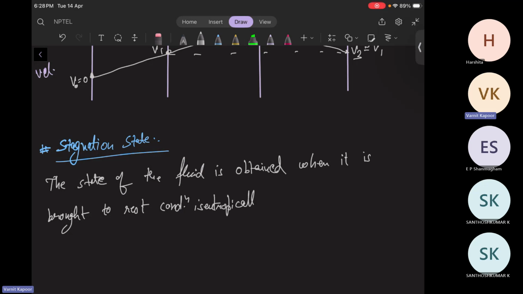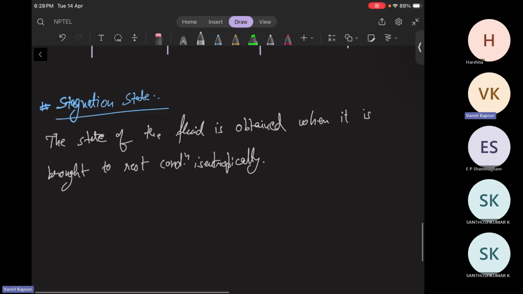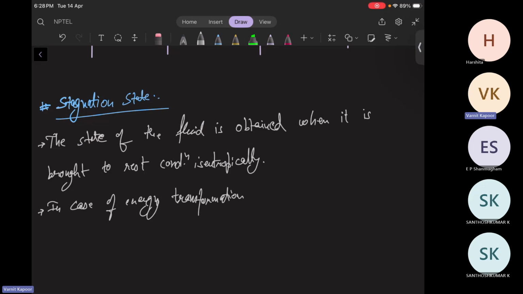That is reversible adiabatic. In case of energy transformation, the stagnation enthalpy remains constant.